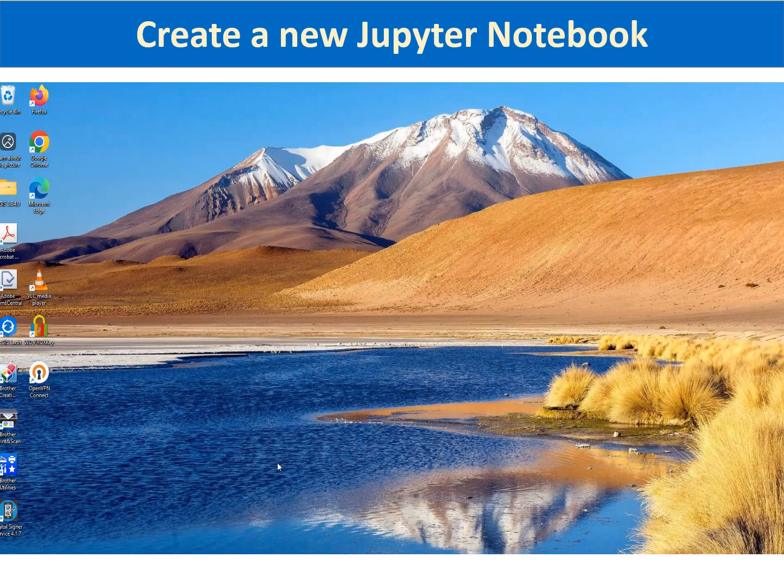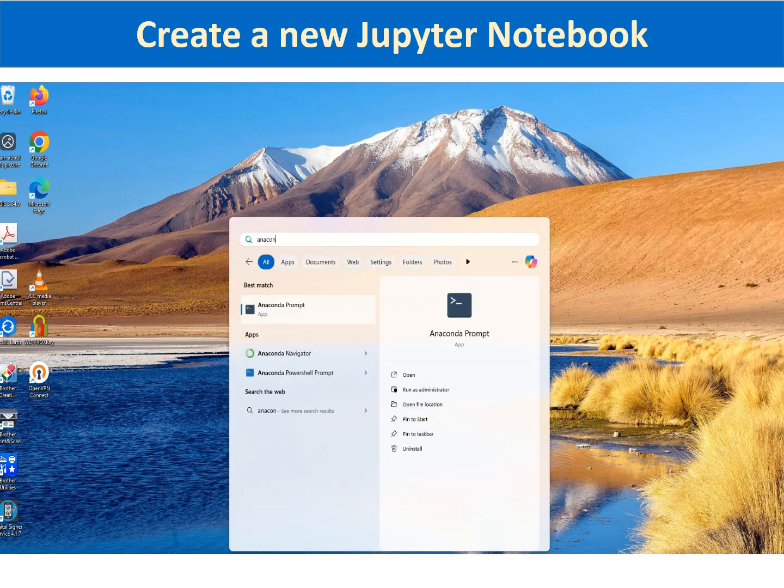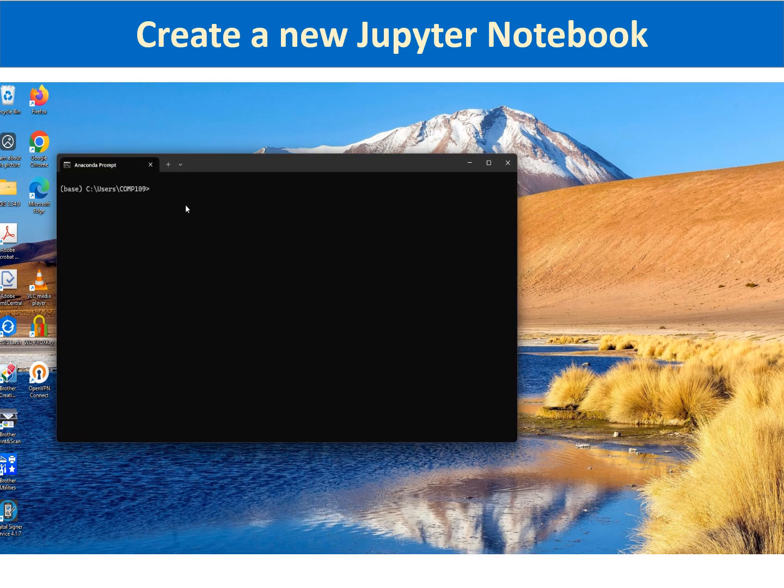To create a new Jupyter notebook, you go to Startup menu and launch Anaconda prompt, and then activate your newly created environment: conda activate python-WRM, and then press enter, and then type jupyter notebook to launch Jupyter notebook.